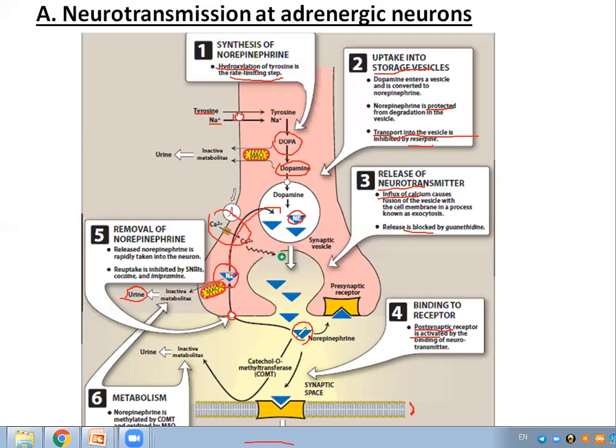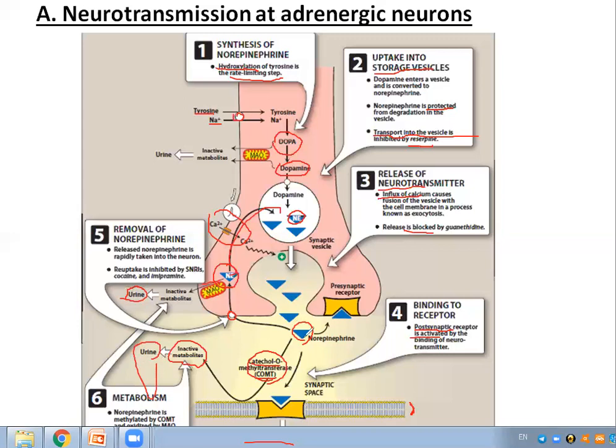The third fate is the metabolism of the norepinephrine by another enzyme. This time it is present in the synaptic cleft, and it is called COMT, which is an abbreviation of catechol-O-methyltransferase. This enzyme also converts the norepinephrine into metabolites that are inactive and that are also eliminated from the body following the urinary pathway.